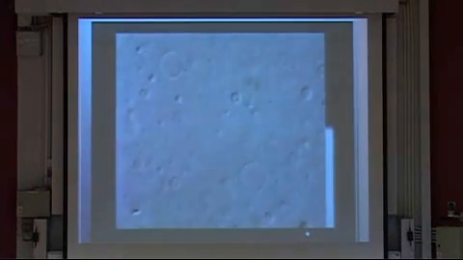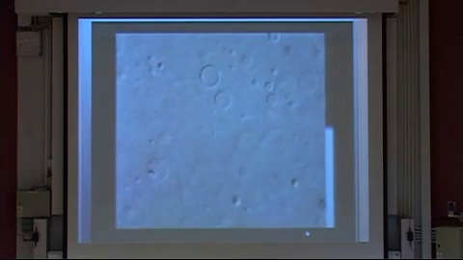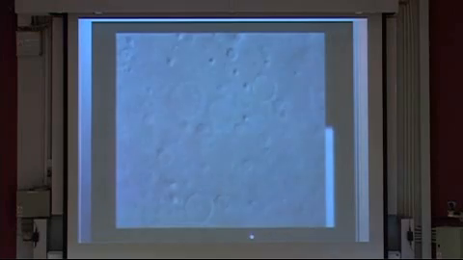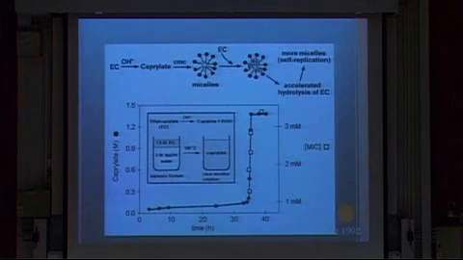There are these vesicles that when you look under the microscope, you have already the impression of something like life. Of course, they are simple bubbles full of water, and they're just pretending. But those are capable of self-replication.